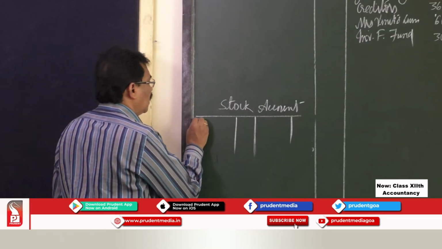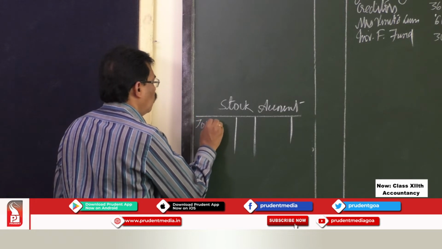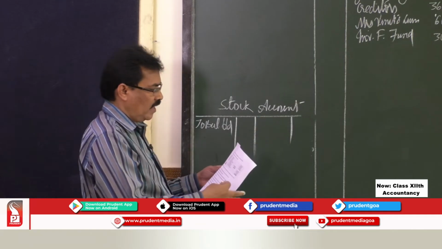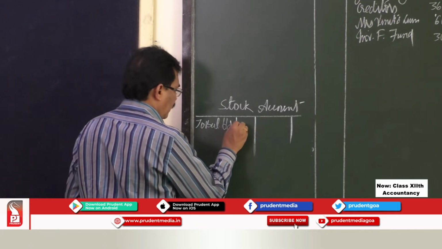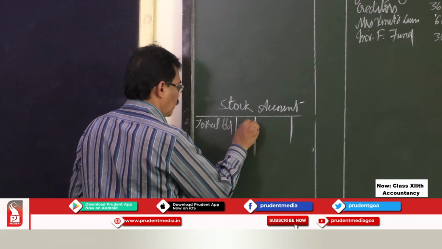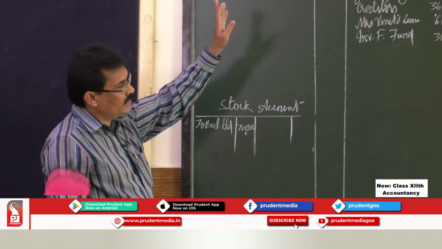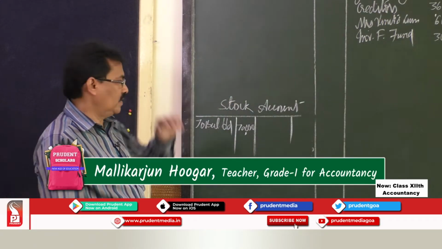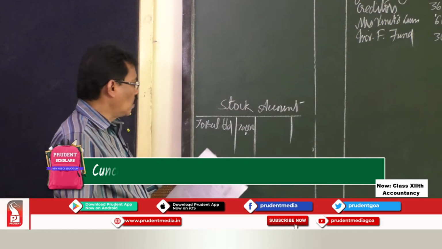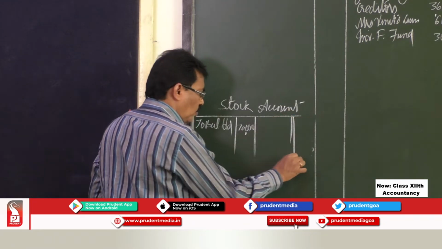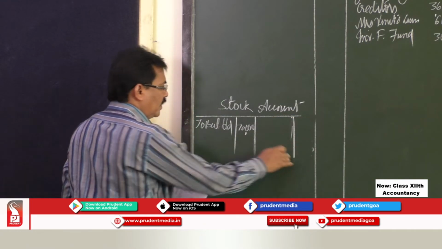So, it comes on debit side as to balance brought down, the stock is rupees 70,000. From this account only, the balance is shown in the balance sheet on the asset side. Now, since the firm is closed, we have to close the stock account also. Closing stock account means you have to make this balance as nil.